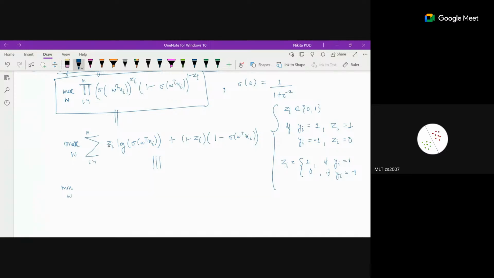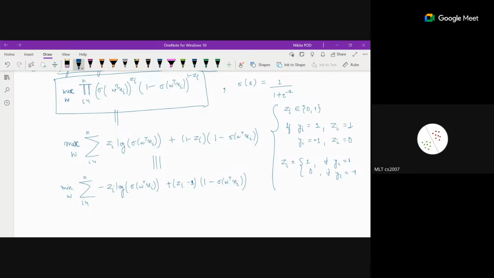Instead of plus zi, we'll now have minus of zi log of sigma of w transpose xi, plus (1 minus zi) times log of (1 minus sigma of w transpose xi), with i varying from 1 to n. This is my function.